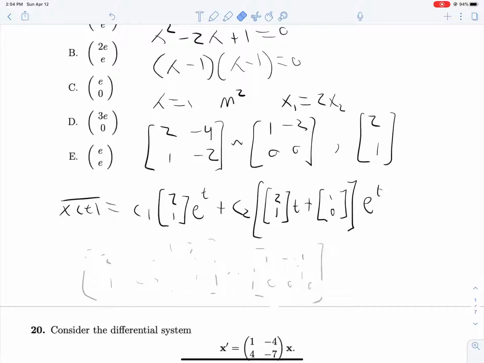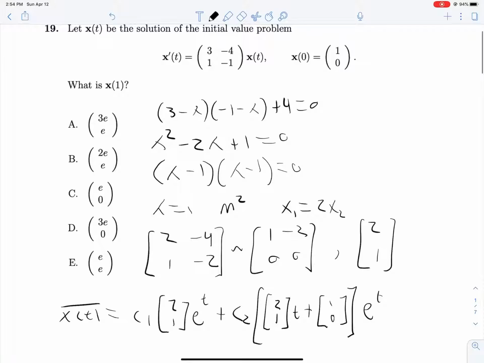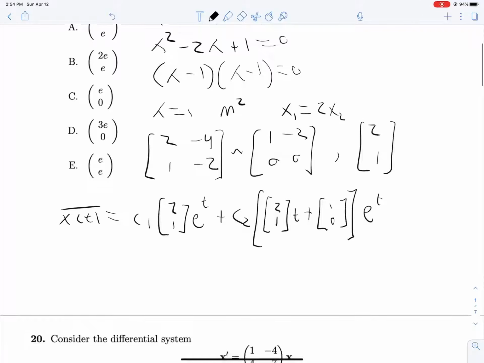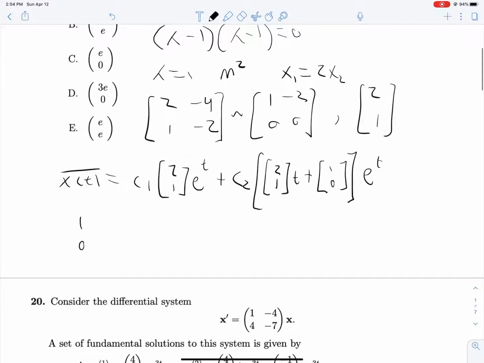Now all we're doing is solving for our initial conditions to find c1 and c2. So we can plug in t equals 0 and set x of 0 equal to (1, 0). And that's equal to c1 times (2, 1) plus c2 times (1, 0), because this t will be 0.